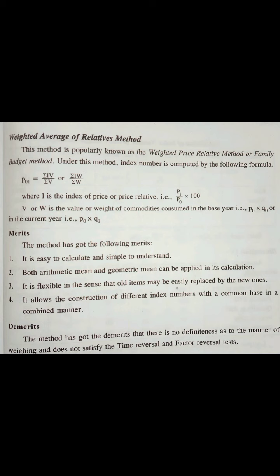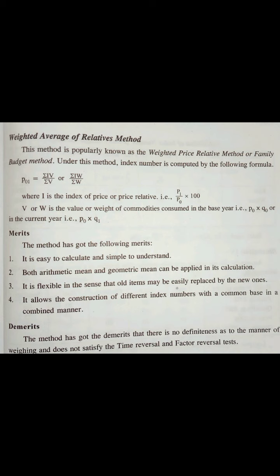The value or weight of commodities consumed in the base year we can call P0 into Q0, which gives you V0. For the current year it is P0 into Q1. So this is how you need to find it.